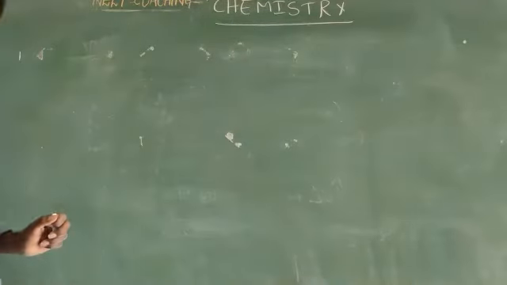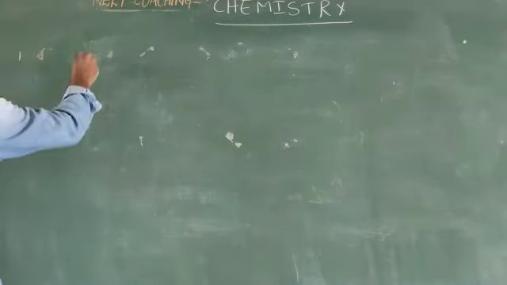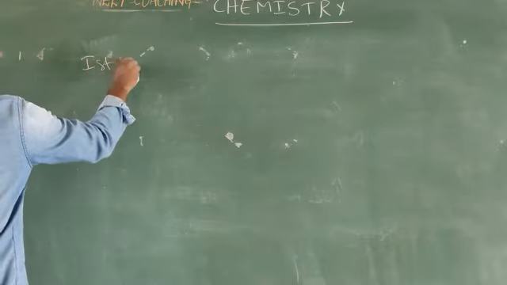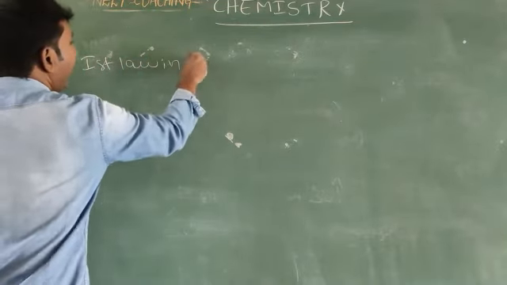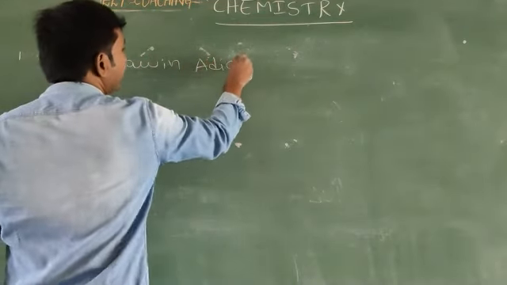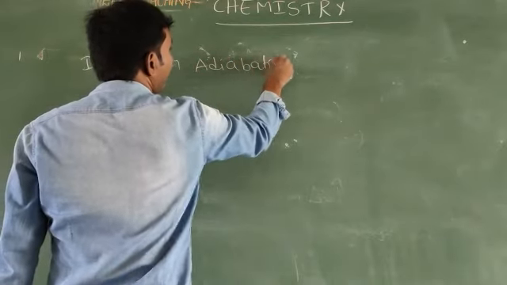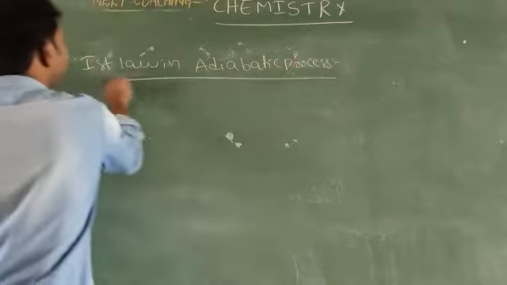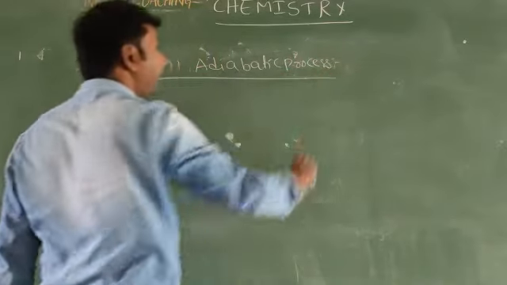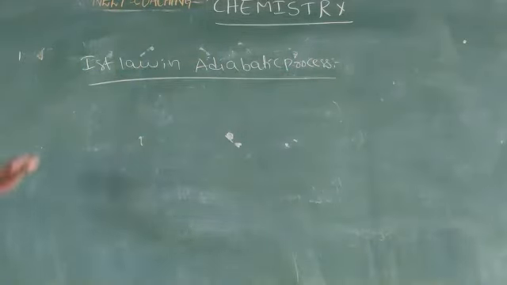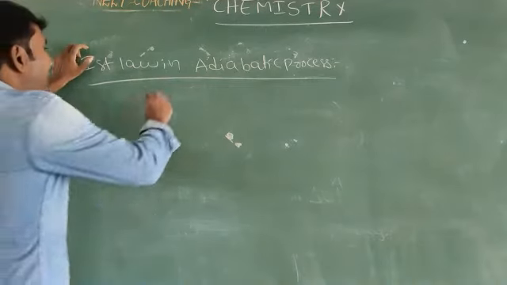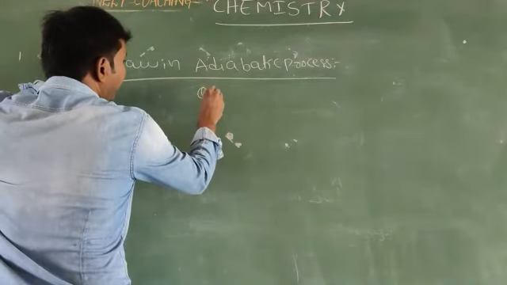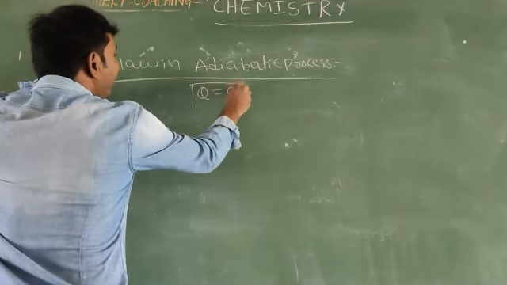Next, first law in adiabatic process. Adiabatic process means no heat exchange; it is an isolated system, so Q equals 0.